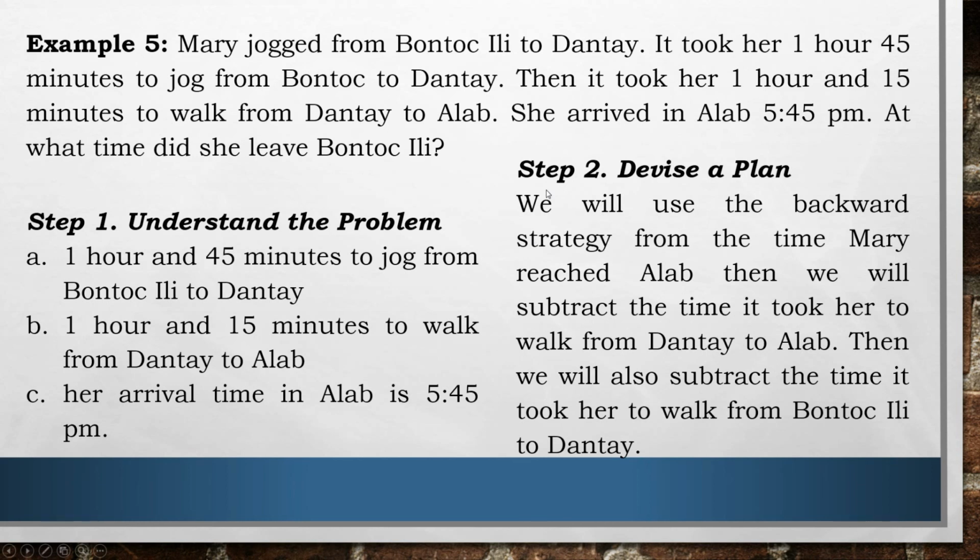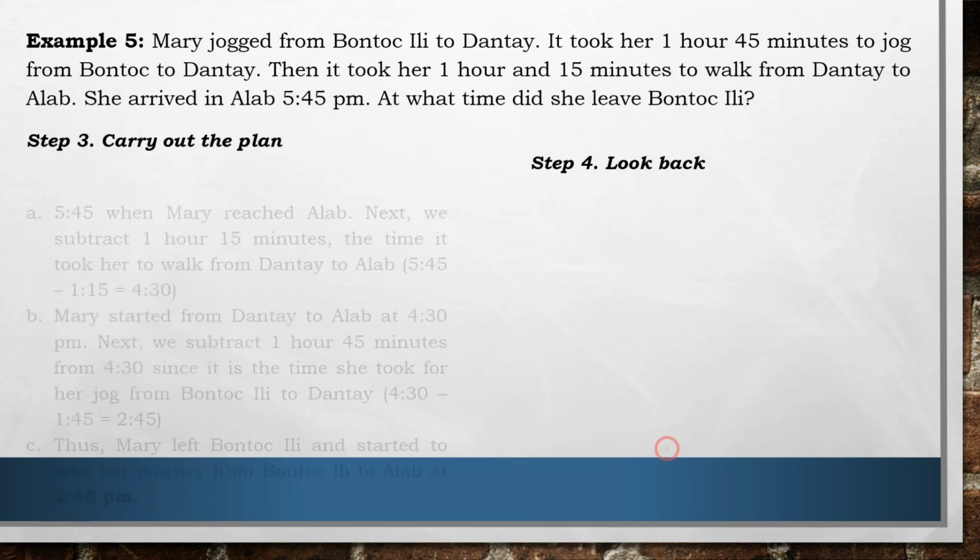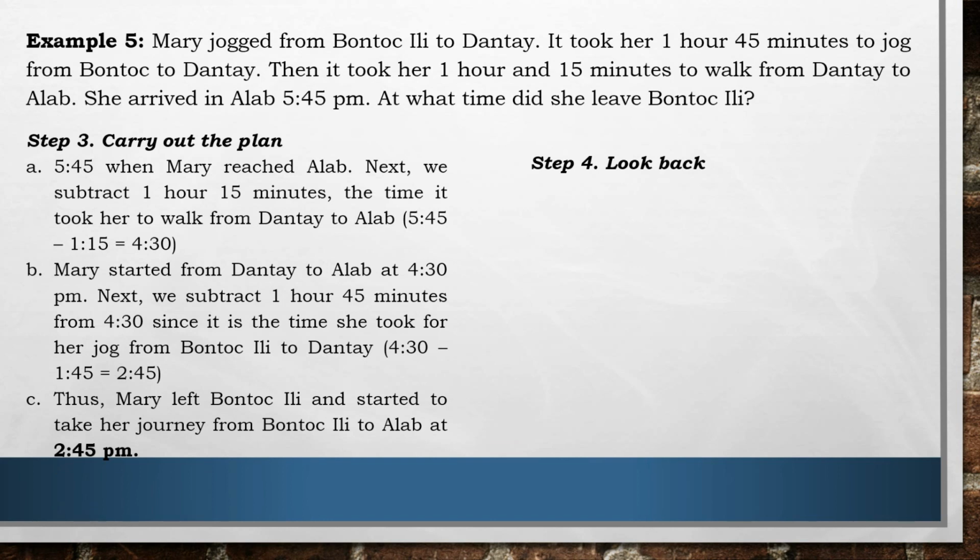Having this plan in mind, all we have to do is carry it out one by one. So we have 5:45 when Mary reached Alab. Next, we subtract 1 hour 15 minutes, the time it took her to walk from Dantay to Alab. So 5:45 minus 1:15 is 4:30.